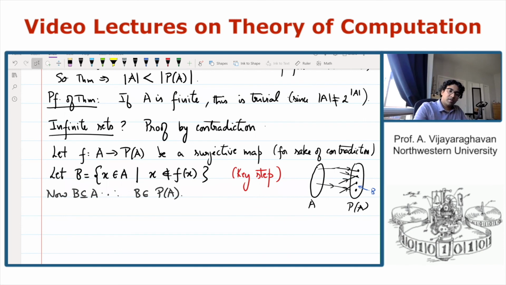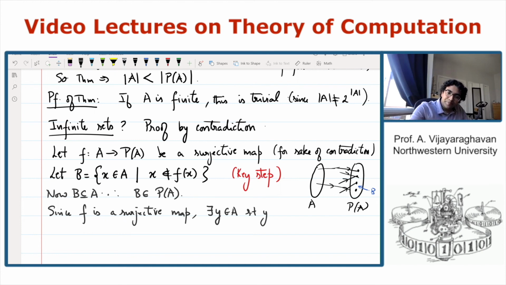Now, since F is a surjective map, there has to exist some y which is an element of A such that f of y is equal to B. So what are we saying?